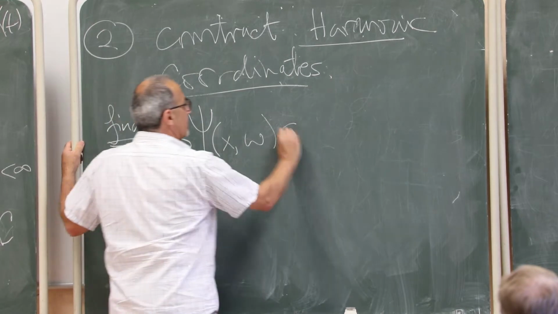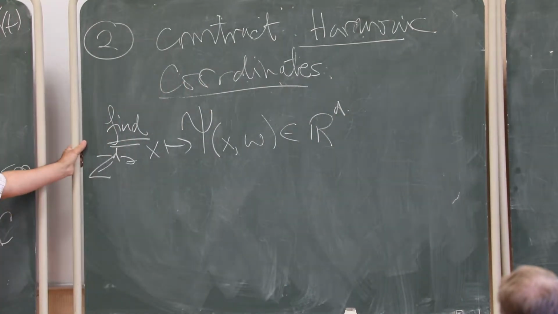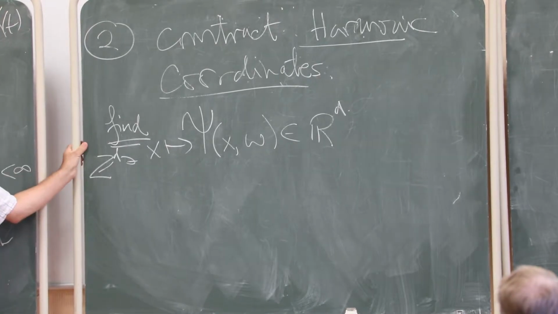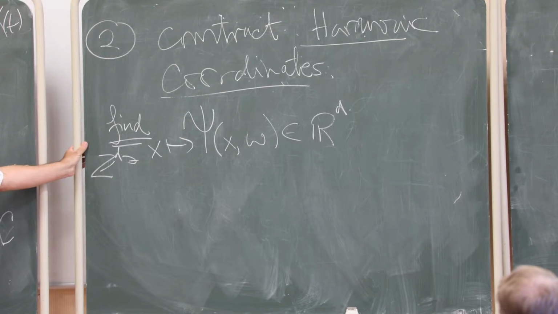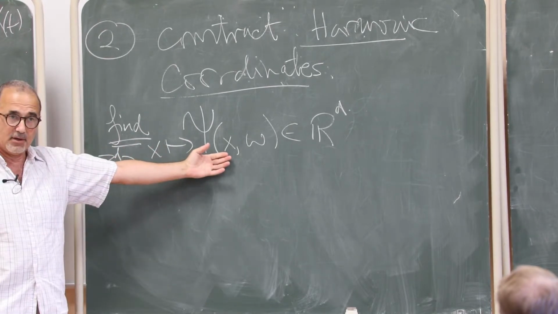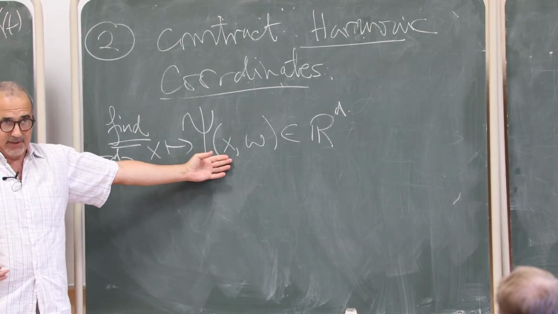This will be R^d valued: an R^d valued random field on the lattice defined on the probability space omega. So it depends on the environment. It's a functional of the environment, which has some properties.